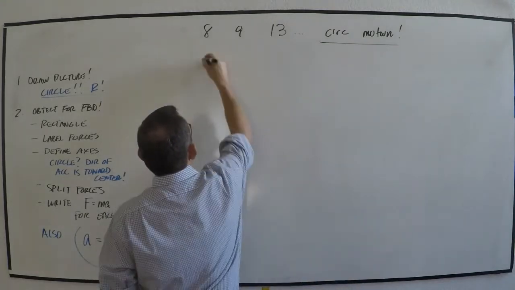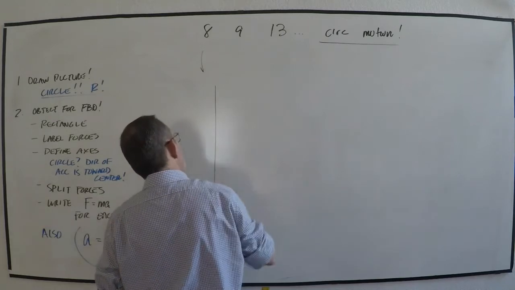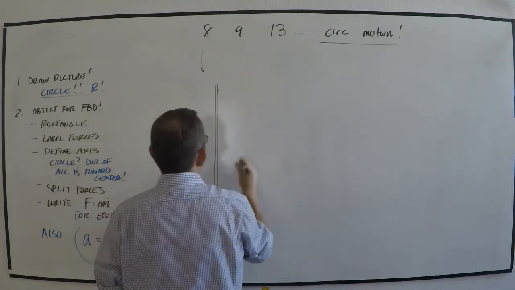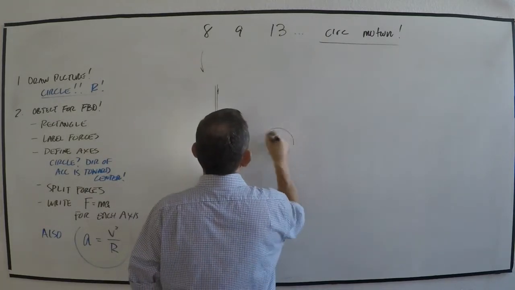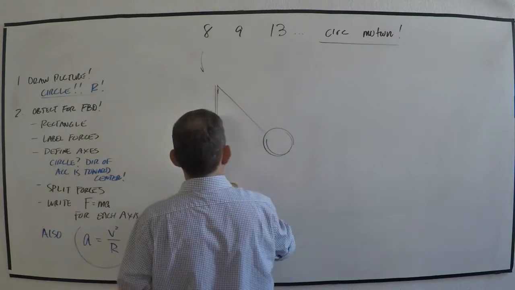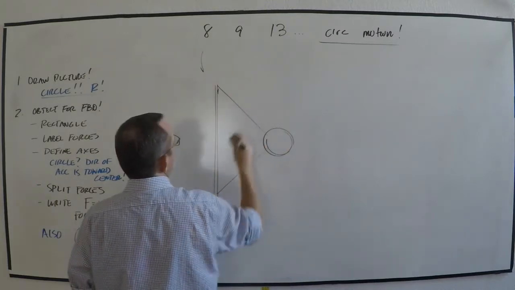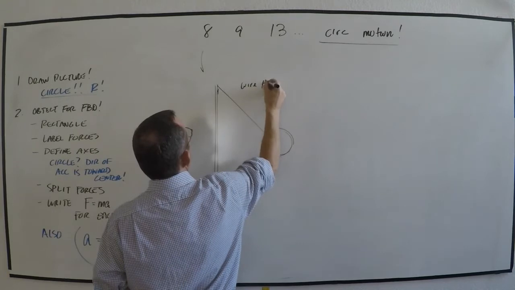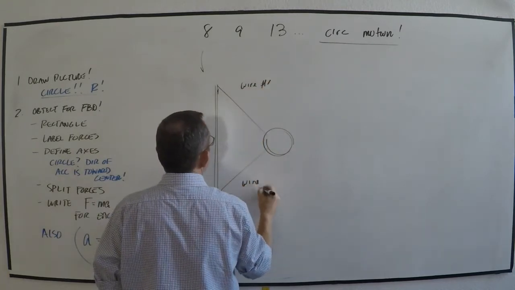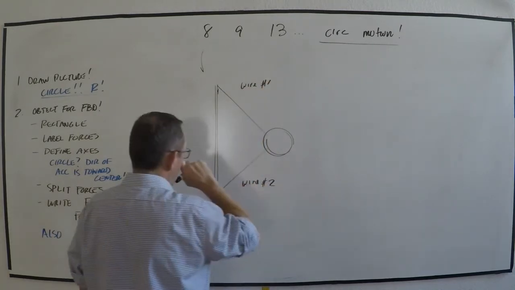Problem 8 gives you a pole, and they tell you that there's a ball here, and it is attached to the pole by these 2 wires. I'm going to call this wire number 1, and this, of course, is going to be wire number 2.